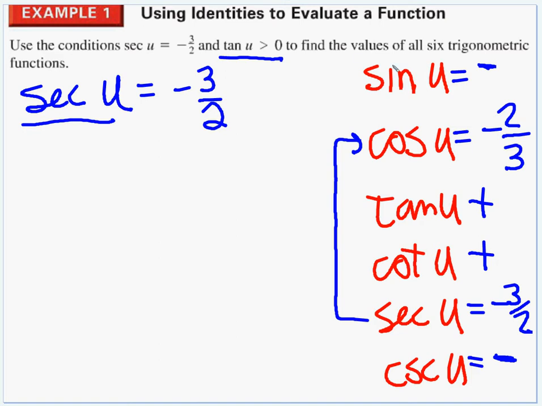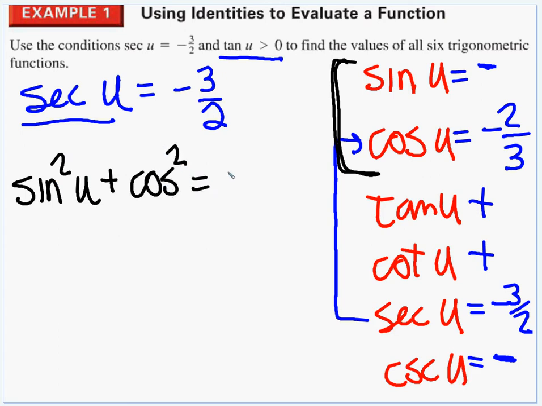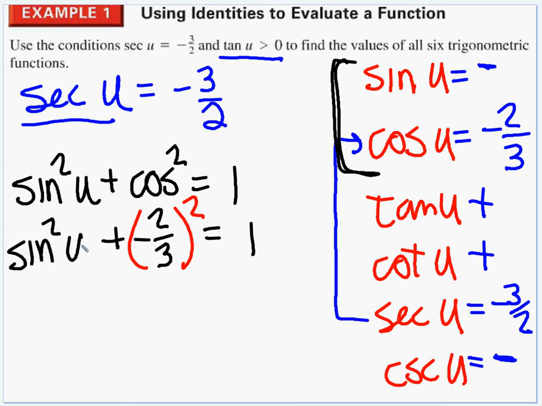I like to look at these first 2 as a block, sine and cos. If you have one, you can always solve for the other, because we have sine squared plus cos squared is equal to 1. And we've got cos, negative 2/3. So I'm going to set a parenthesis there and put in my cos value, negative 2/3, and that is equal to 1 when we add it to sine squared.